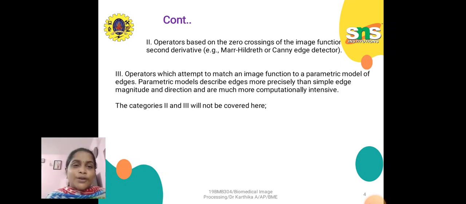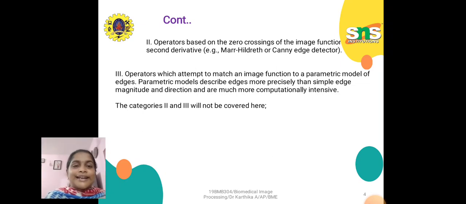The second category is operators based on the zero crossing of the second derivative of the image function, and the third is operators which attempt to match an image function to a parametric model of the edges. Parametric models describe edges more precisely than simple edge magnitude and direction, but are much more computationally intensive.